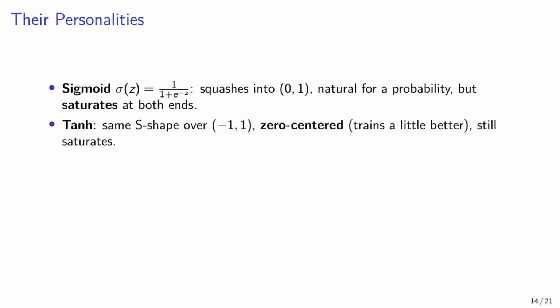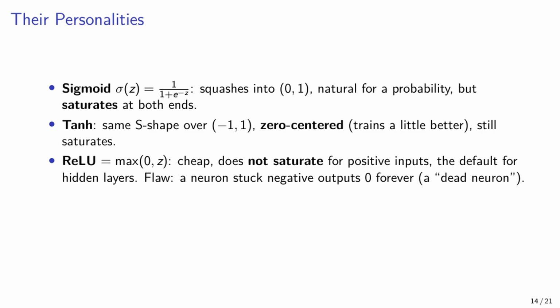Tanh is the same S shape, but it ranges from -1 to 1, and it is zero-centered, which tends to train a little better than sigmoid. It still saturates at the extremes. ReLU just zeroes out negatives and passes positives straight through.